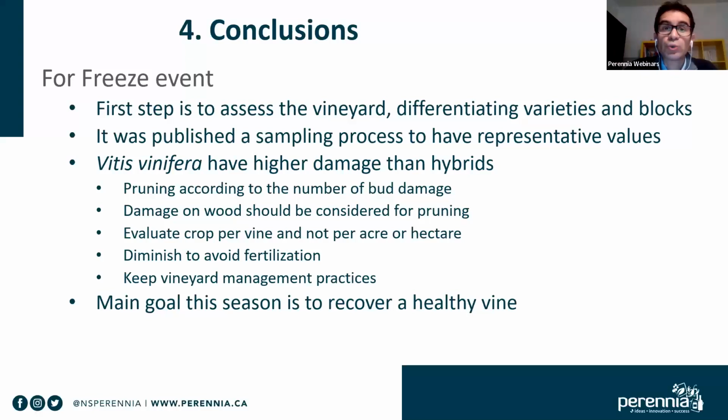Also, I would like to encourage you to read the report that is already available on the grape blog. It has amazing information about the current situation and some numbers on the bud viability through the season.